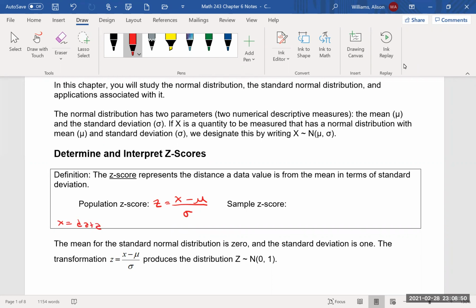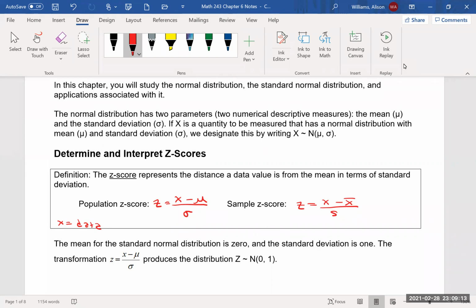For the sample z-score, it's very similar, except instead of using mu and sigma, we're going to use the sample notation, which is x minus x-bar over s. We'll see that in the next chapter, but that's what we'll use when we're talking about a sample.